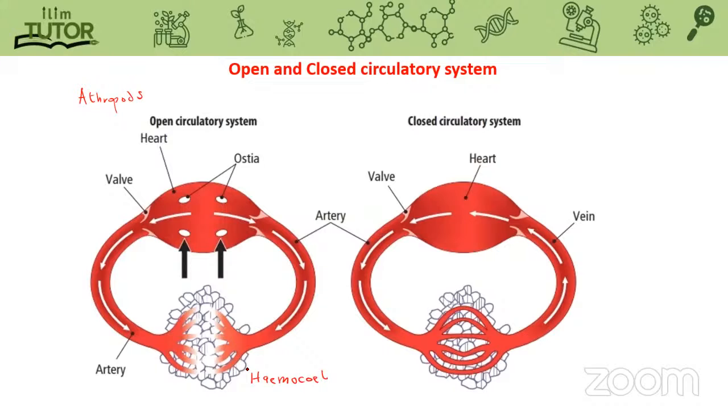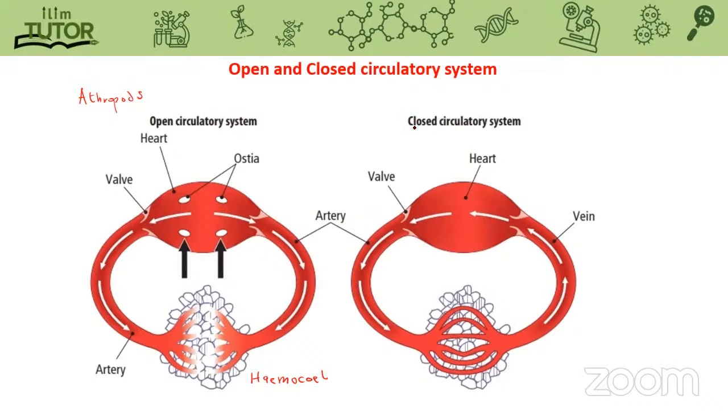So it is this space called the hemocoel that interacts with the tissues of the body. Nutrients can be absorbed by the cells within this space, and waste products can be released into the hemocoel. This simply means that the blood actually makes direct contact with the tissues of the body. Unlike what we have in the closed circulatory system.